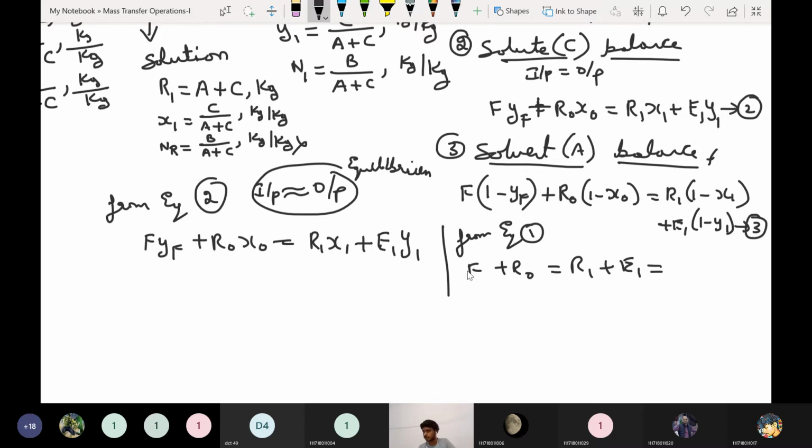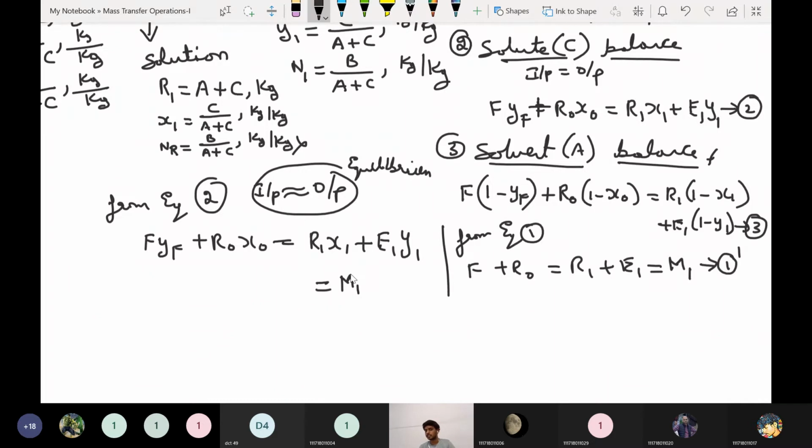Because of this convenience, we denote this as M1. So this will be a modified equation of 1. Then also the same: F YF plus R naught X naught is equal to R1 X1 plus E1 Y1, which is equal to M1.